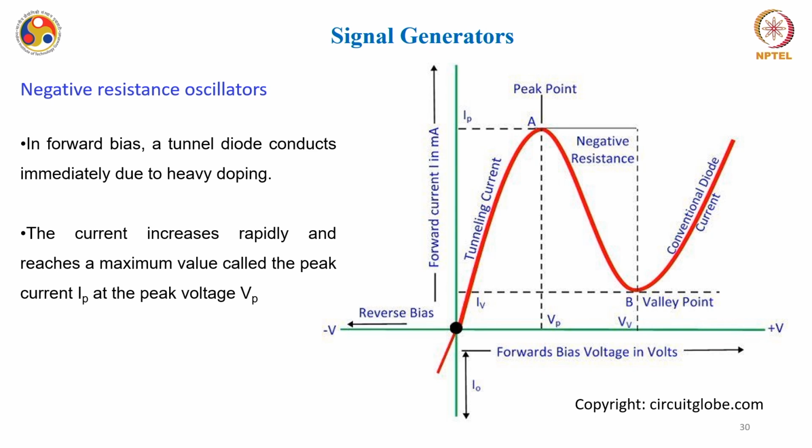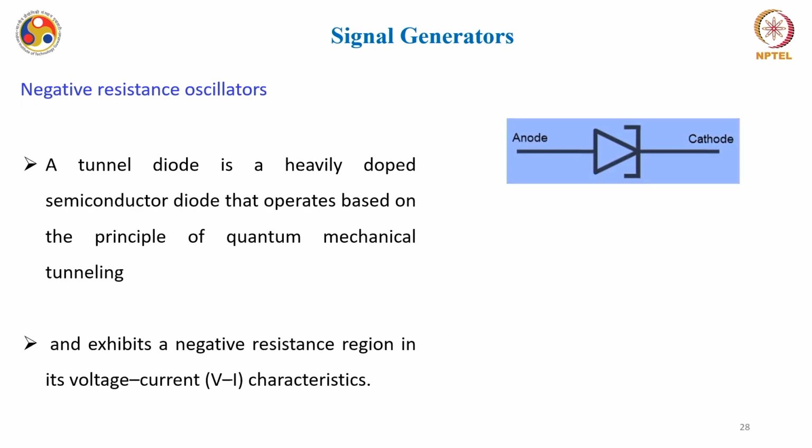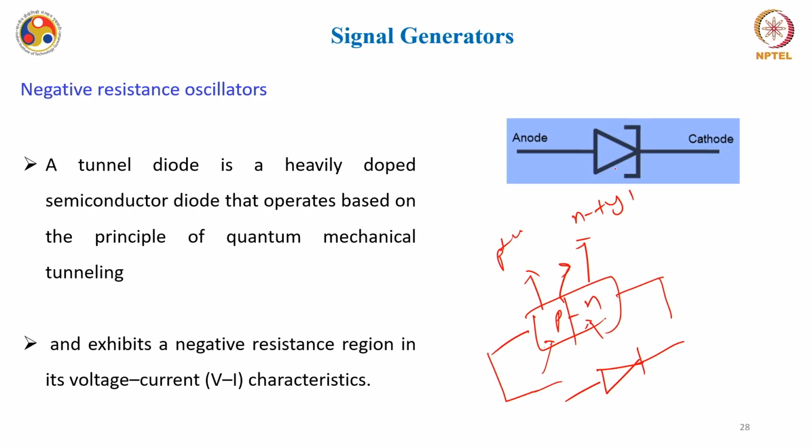This is a typical current versus voltage characteristic of a negative resistance oscillator. You can see that in forward bias, when you are increasing the positive voltage, I wanted to mention that this is the symbol of a tunnel diode. Usually a diode looks like this, and a tunnel diode is represented just by this.